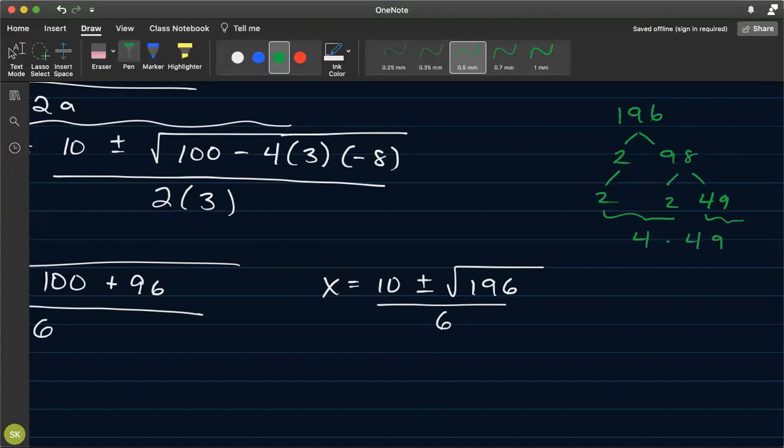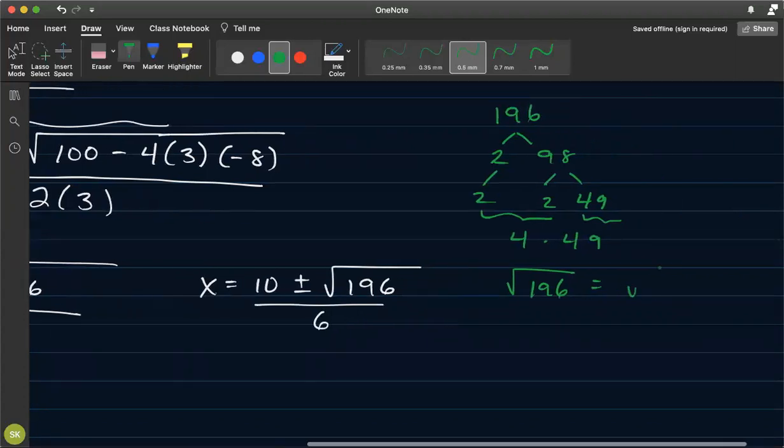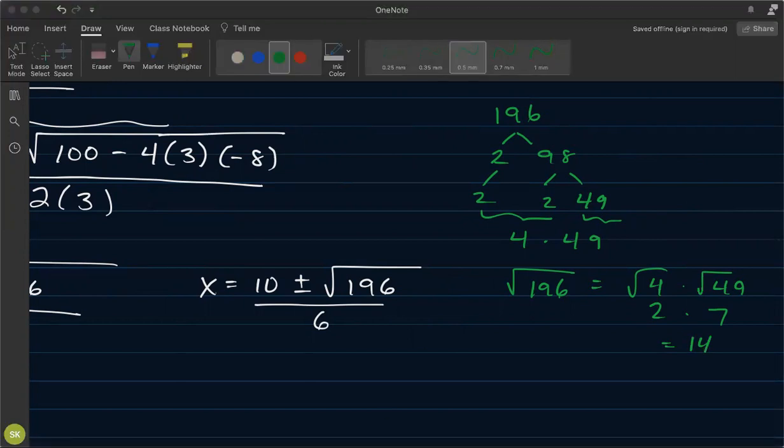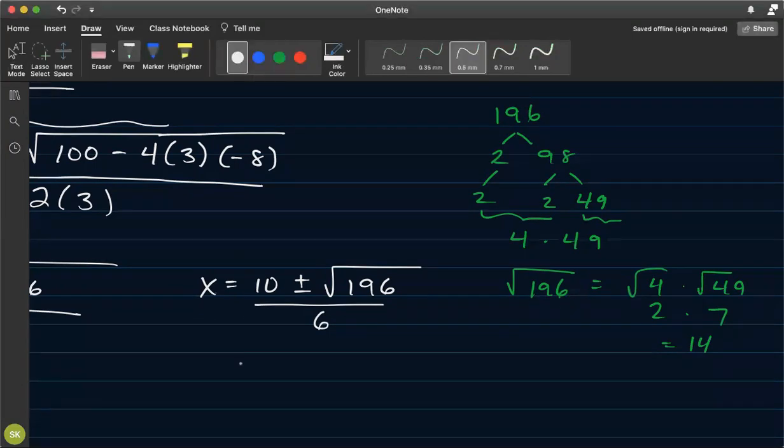We can double check that. 4 times 49 is 196. So the square root of 196 is the square root of 4 times the square root of 49, which is 2 times 7, which is 14. 196 is a perfect square. 14 times 14 will give me 196. Let's see, 14 times 14. That's right. So then we have x is equal to 10 plus or minus 14 over 6.